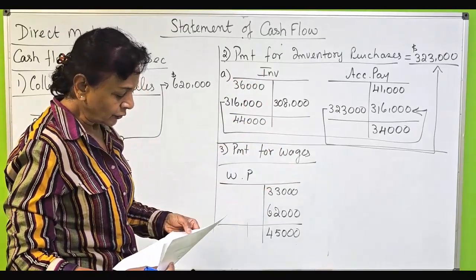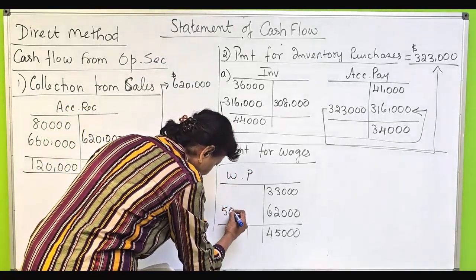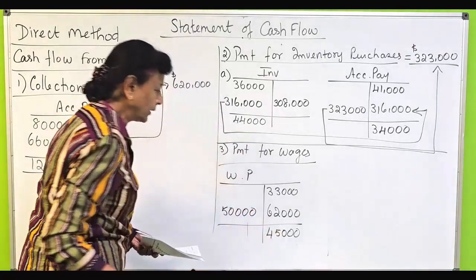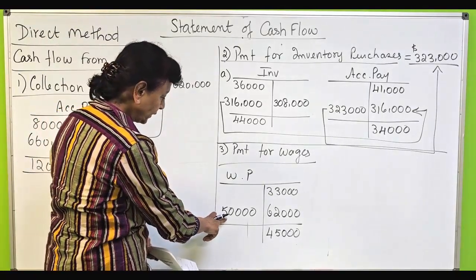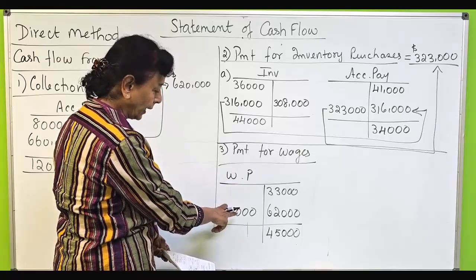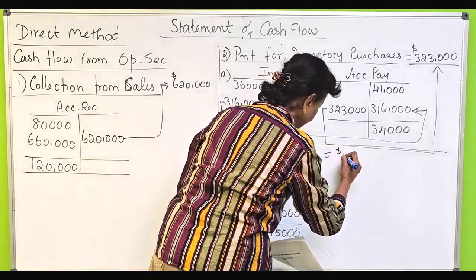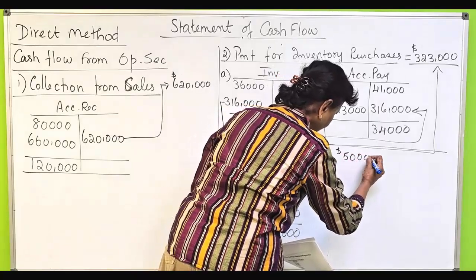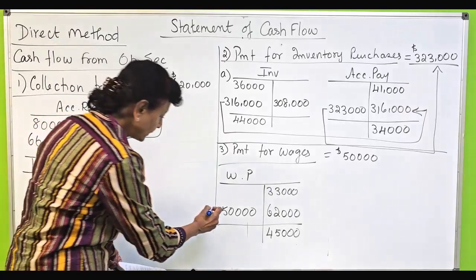Remember that, folks? So out of this, they have paid $50,000. So the payment for wages equals $50,000. Okay, so this is the number here.